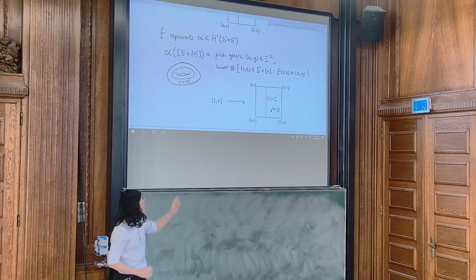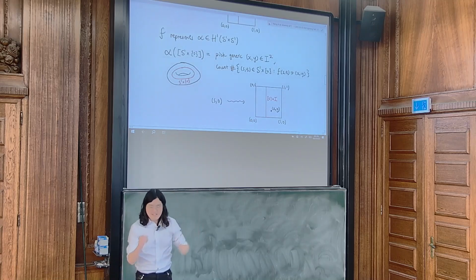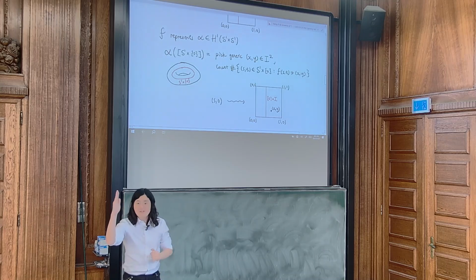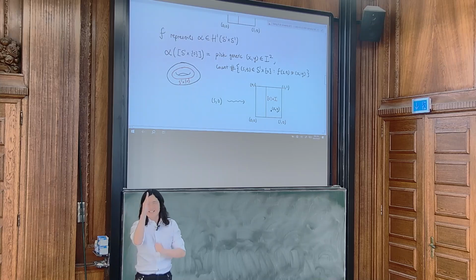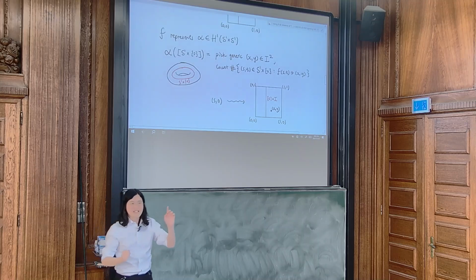I've picked a point (x, y) inside the square. Now I want to see, for how many points (s, 0) inside that red curve does the output red line contain (x, y)? Well, the answer is 1, because there's exactly one of these red lines that is going to pass through that point (x, y) where the input is (s, 0).